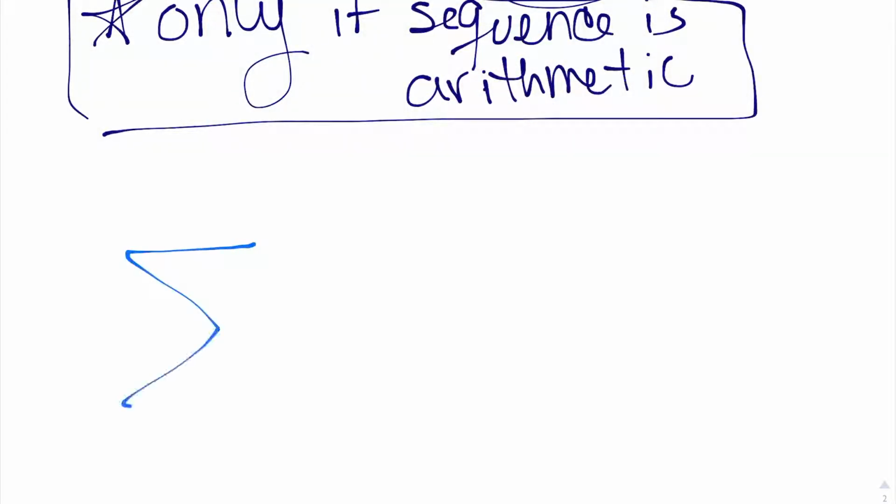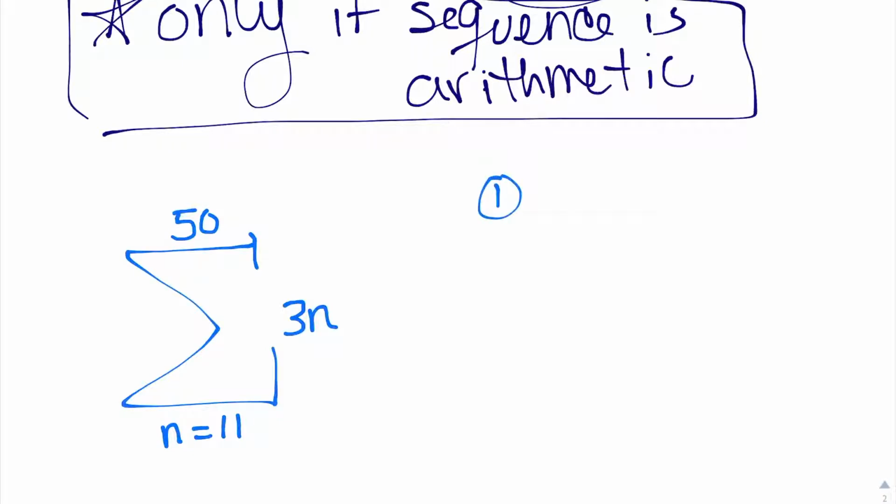So I'm going to give you the sum, because that's what we're really doing, so a summation, from n equals 11 to 50 of 3n. So the first thing you want to think is, is the sequence arithmetic?